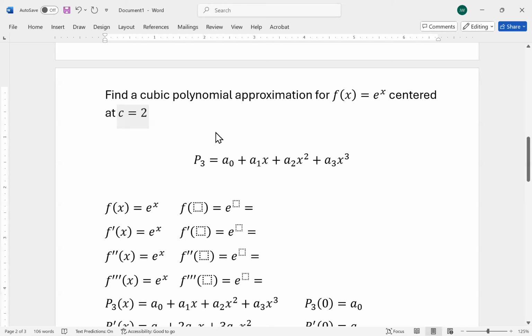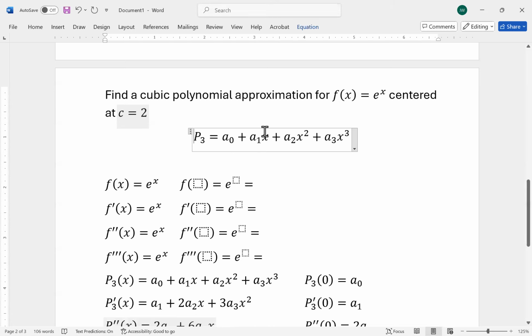So here's the trick. The trick with centering this polynomial at a different value is instead of using just x as the variable, I use x minus 2. So we're going to take each x and replace it with an x minus 2.